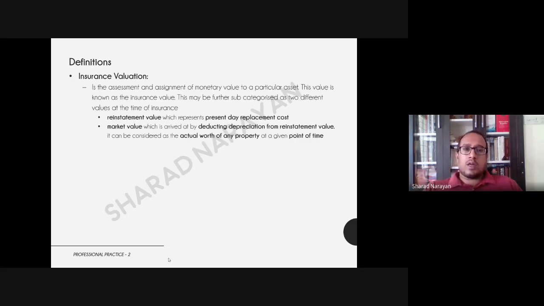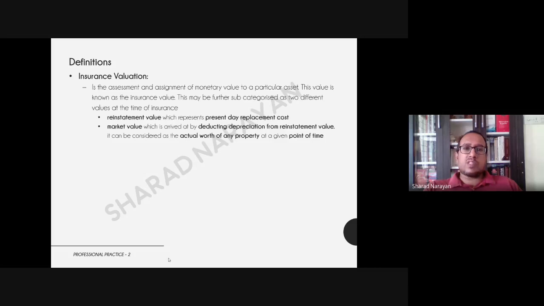Okay, now market value is basically arrived at by deducting depreciation. Depreciation is again something which you will start looking at a little further on. The next few lessons will be about depreciation, and the idea of depreciation is basically to assess how much a property has degraded in value.